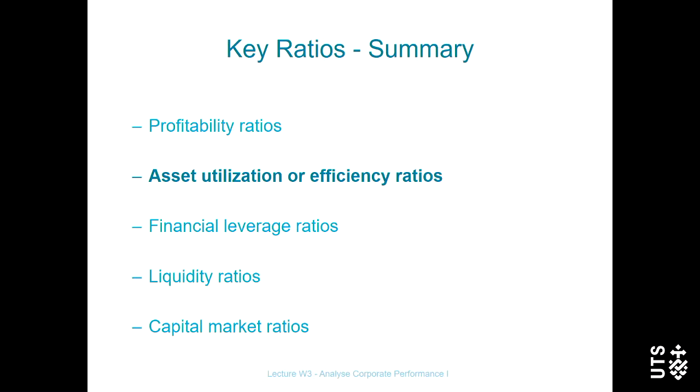So second set of ratios. We've looked at profitability within the income statement and across the income statement and the balance sheet. Now we need to see how efficient the firm is in managing the assets.